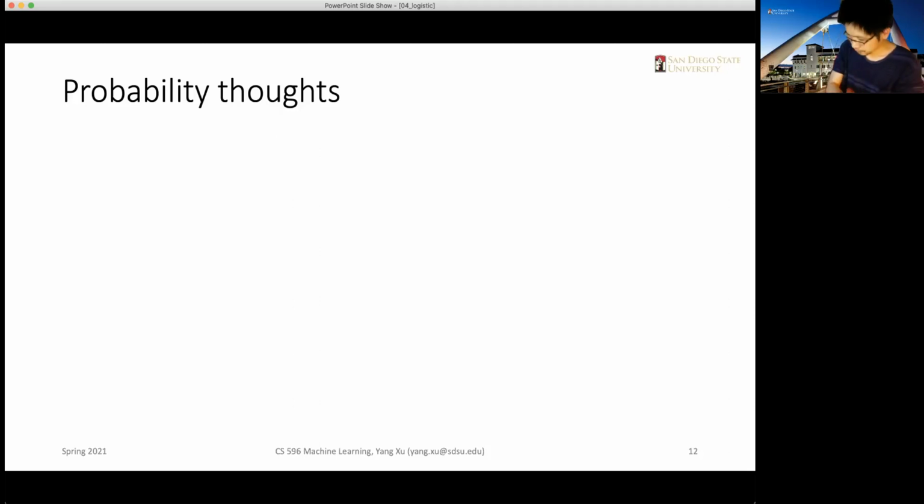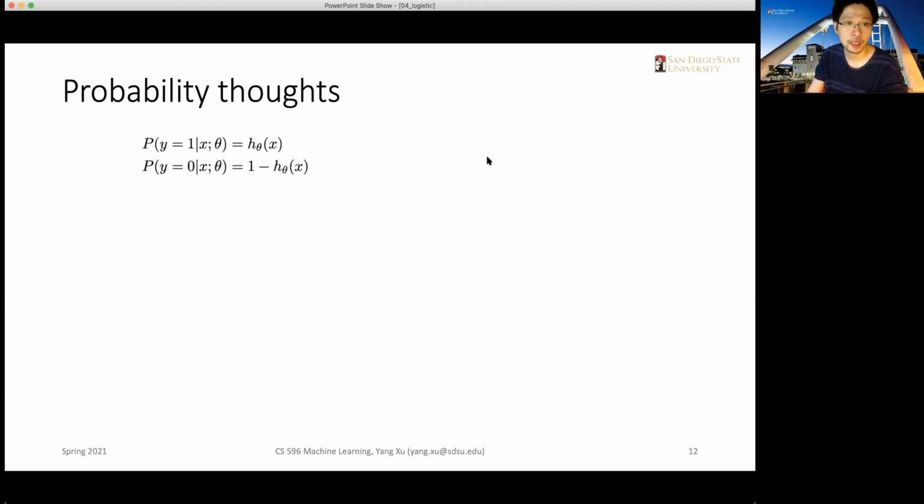Because the outputs of the logistic model function have meaning. As we mentioned, the output of h theta of x is the probability that this data point belongs to class 1. And 1 minus h theta of x is the probability of being class 0. So that's what we have.